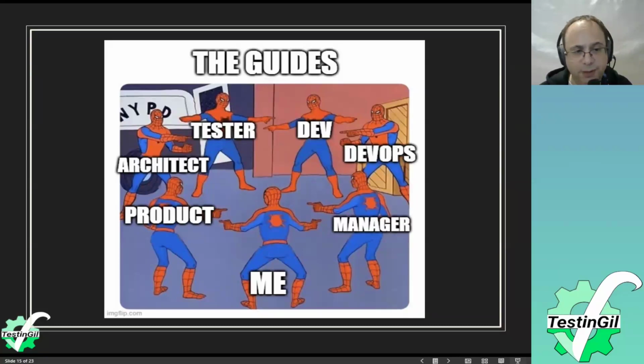I put the product people here because usually they don't touch the code, but they are part of the team, so they share the responsibility for quality as well, and they also give guidance in terms of prioritization. When you read a spec, you don't see what is more important.